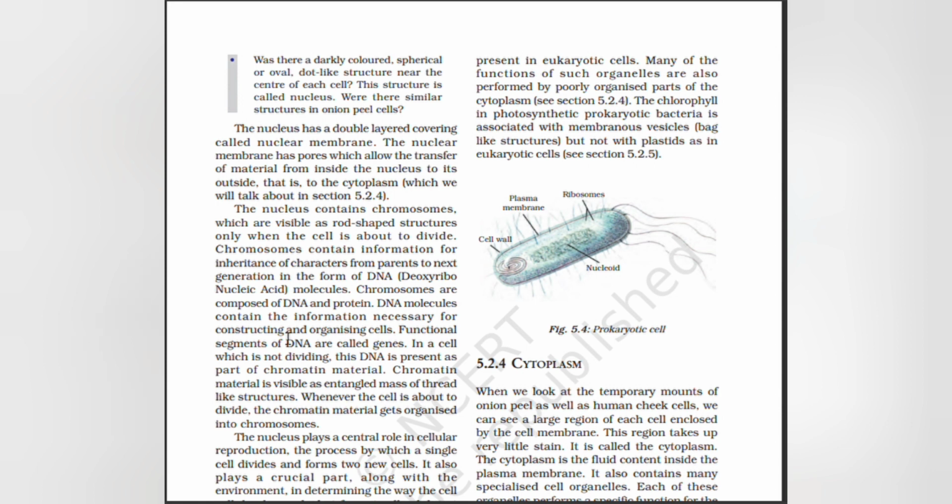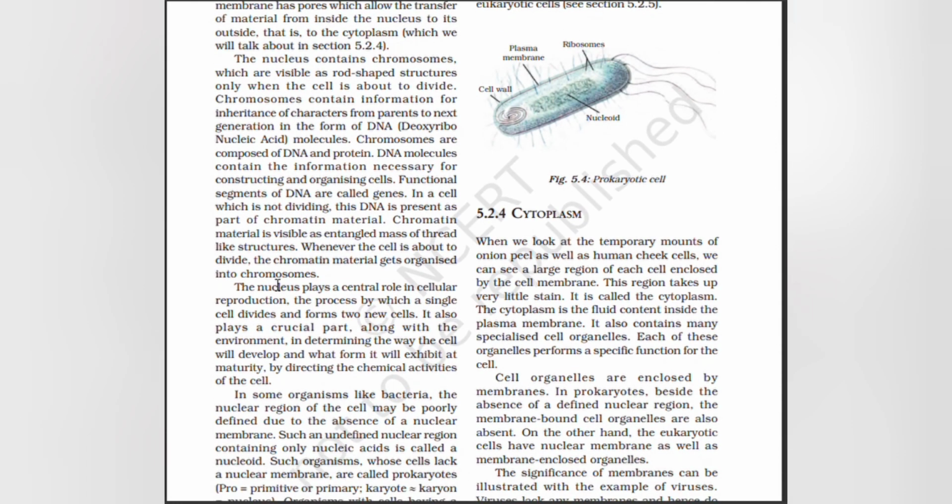DNA molecules contain the information necessary for constructing and organizing cells. Functional segments of DNA are called genes. In a cell which is not dividing, this DNA is present as part of chromatin material. Chromatin material is visible as an entangled mass of thread-like structures. Whenever the cell is about to divide, chromatin material gets organized into chromosomes.